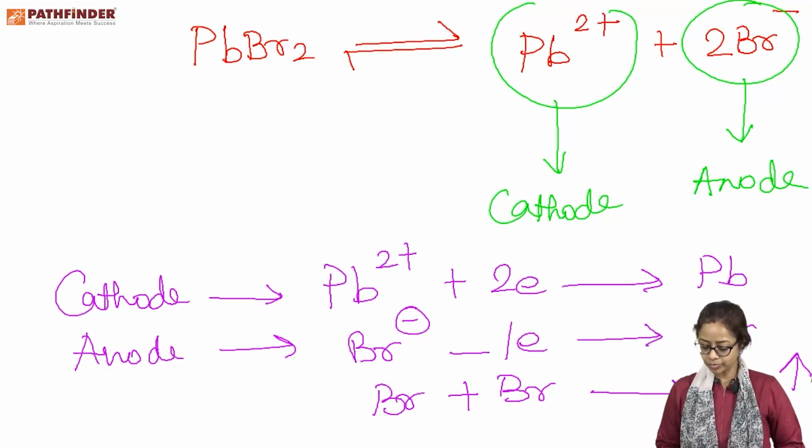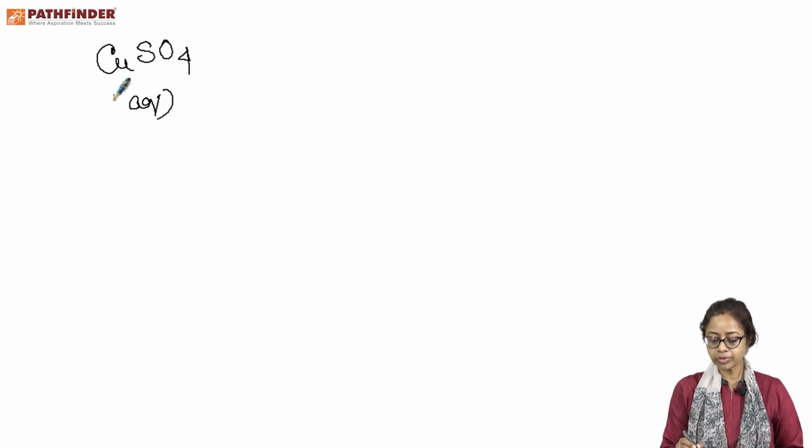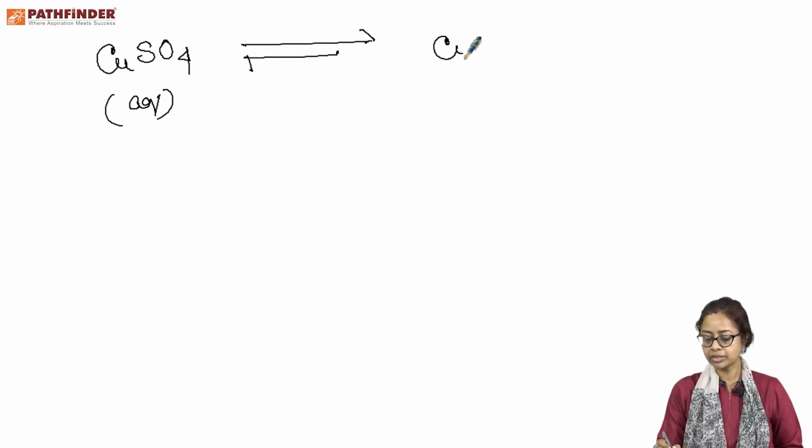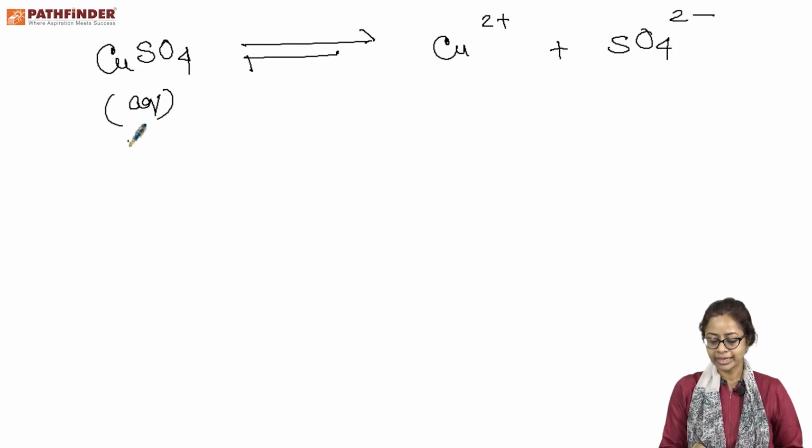To understand the working of this, let us take the copper sulfate solution. So aqueous copper sulfate will undergo dissociation to form copper ions and sulfate anion.